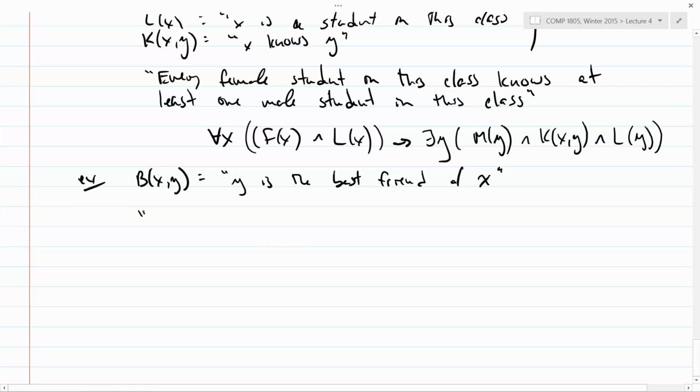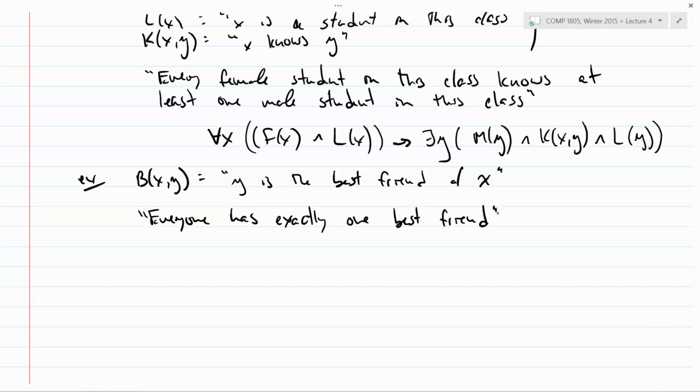And I would like to translate everyone has exactly one best friend. That's what I would like to translate. So let's try to do that. How would we translate this?